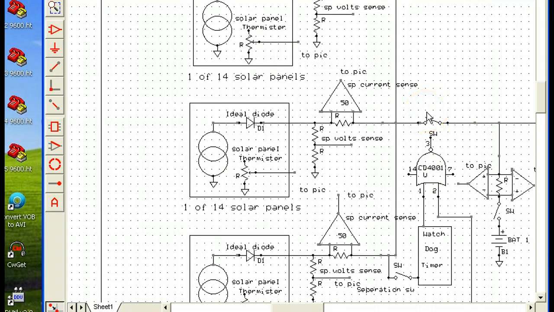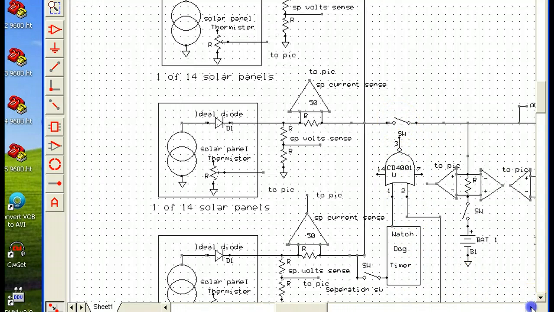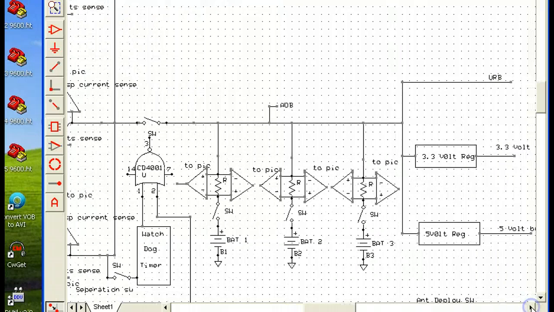So just to review, when the satellite gets ejected, we power up this watchdog timer, which closes this master switch. This master switch now supplies voltage to three things. One is called the unregulated bus, one is the 3.3 volt regulator, and one is the 5 volt regulator.